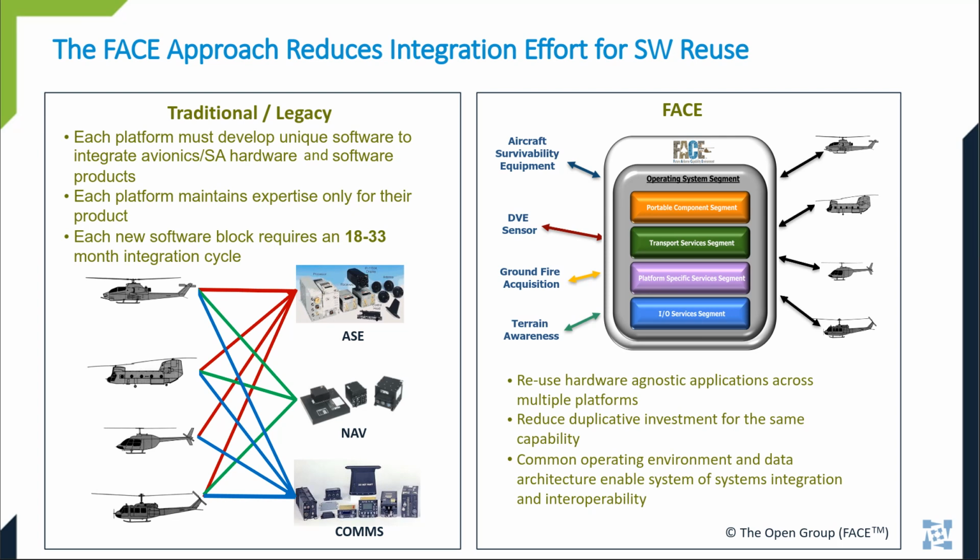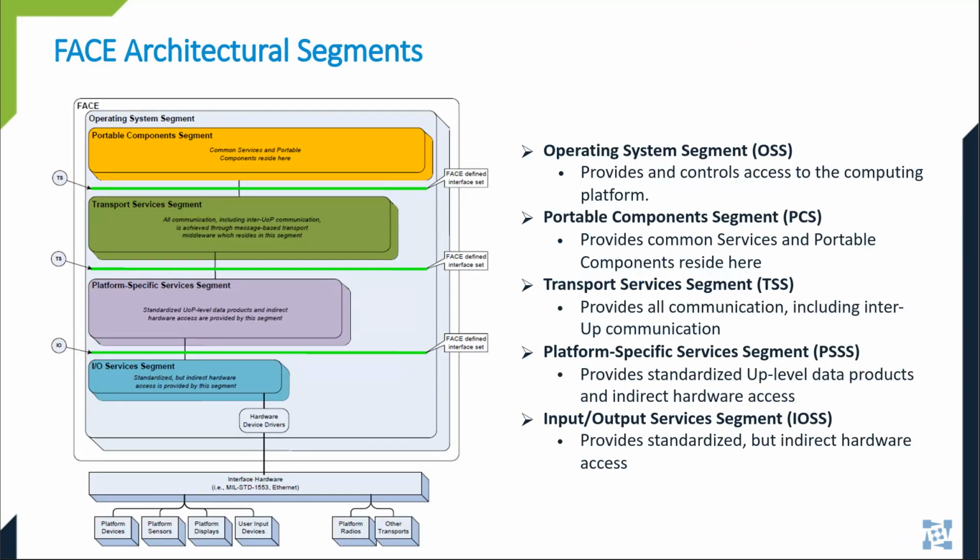All right, so let's start diving into the FACE architecture. This diagram that you see here is from the standard. This is the FACE architecture diagram with the segments. So you're seeing the architecture as it's being defined with the various segments and connections.